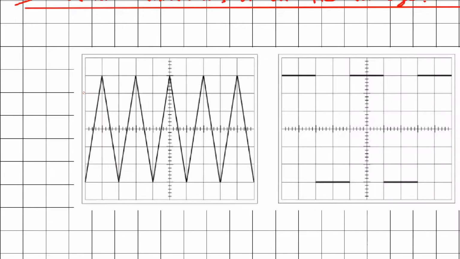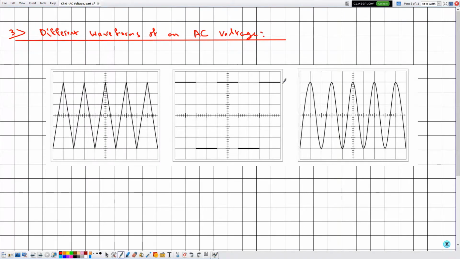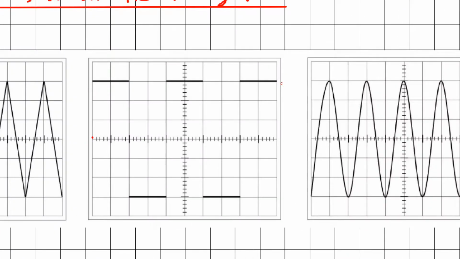Then in this case, it is changing from positive value to negative value. Whenever the waveform is above the x-axis, the axis which represents time, it is positive. Whenever it's below, it is negative. The same here: for this interval, the voltage U is positive because it is displaced upward. For this interval, it is negative because it is displaced downward. For this interval it is positive, and for this interval it is negative.